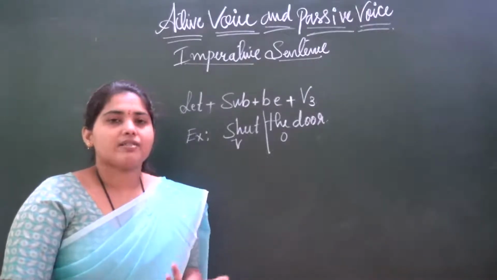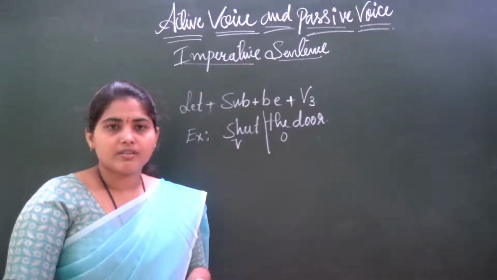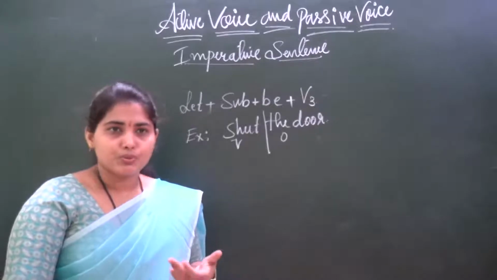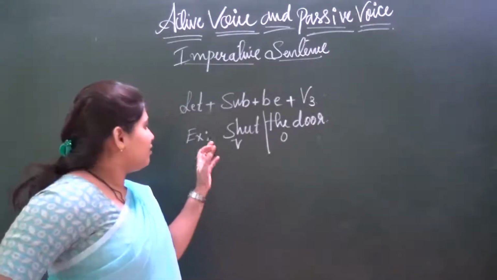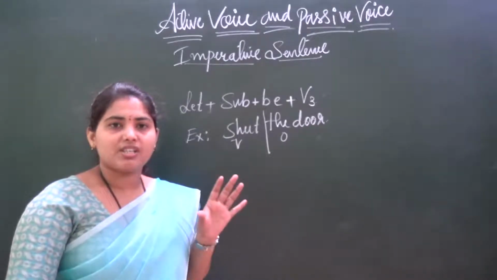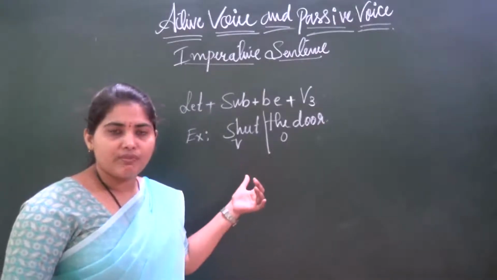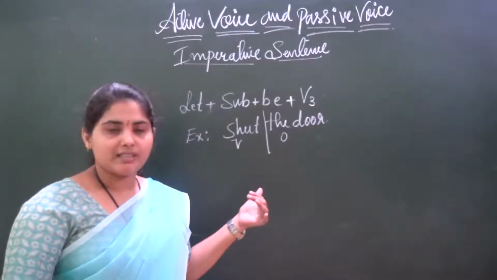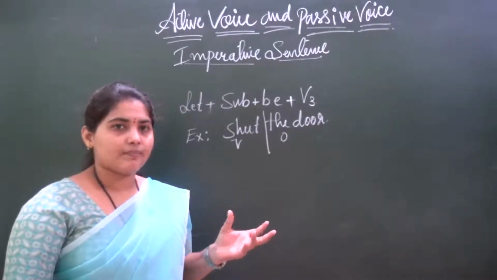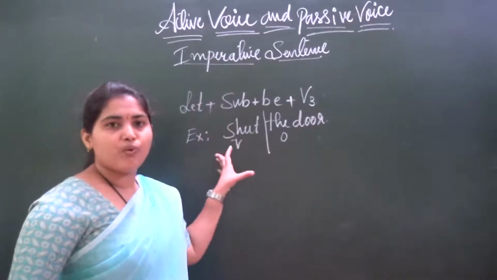No. While you are ordering someone, you will just say "shut the door," "switch off the fans," "close the windows," right? So in those sentences, there is no subject. If there is no subject, how will we change it into passive form?